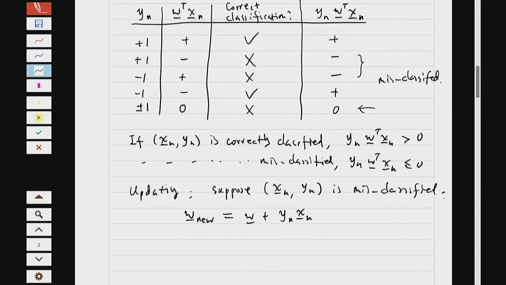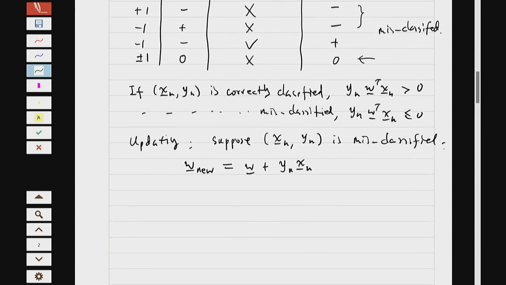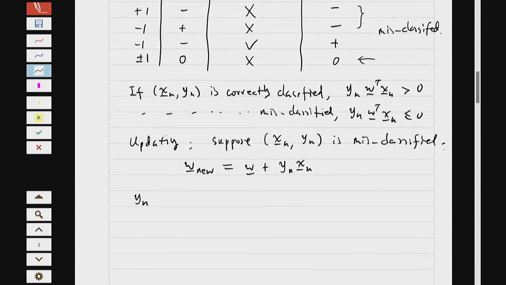So yn times w new transpose times xn. Of course, I can substitute whatever is above in here: w plus yn xn, transpose, times xn.